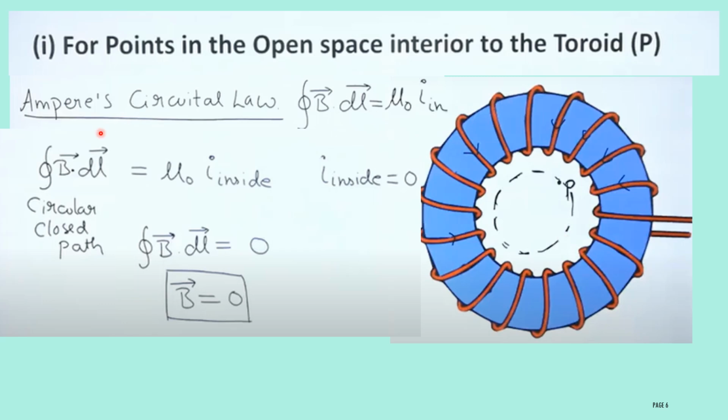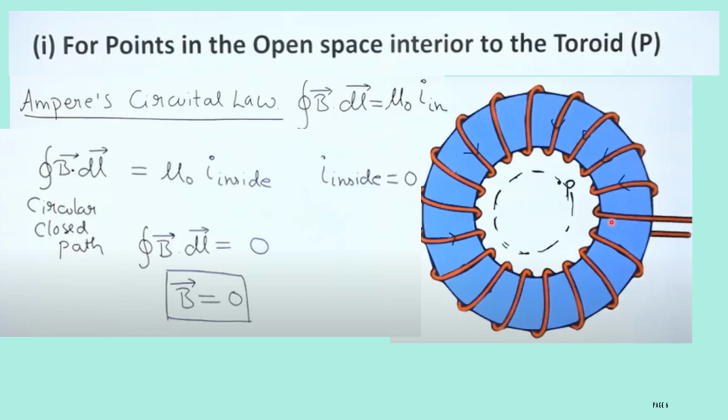According to Ampere's circuital law, the integral of B dot dl is equal to mu naught I inside. Mu naught is the permeability constant, and I inside is the current inside. Here, if you consider a circular loop, then the current is inside the solenoid.